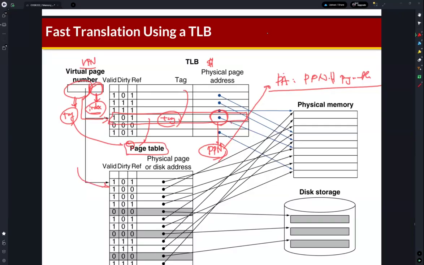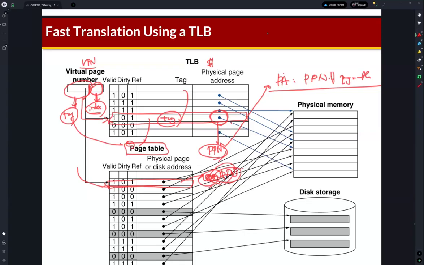If the page table includes a valid page table entry, which means the target page is in the physical memory, we can get the PPN, the physical page number, and using this PPN plus the page offset, we can access the physical memory.